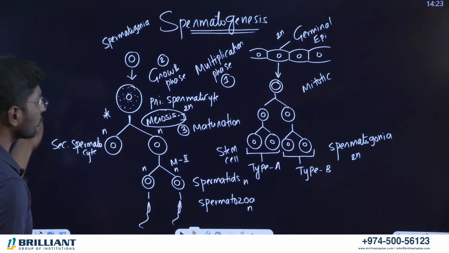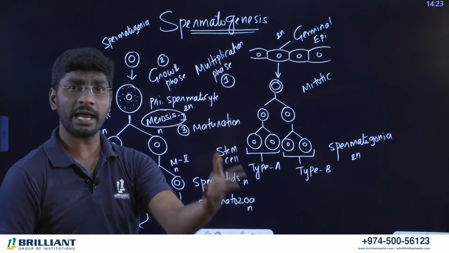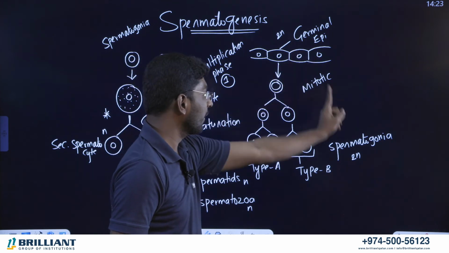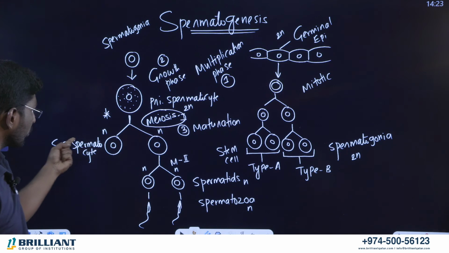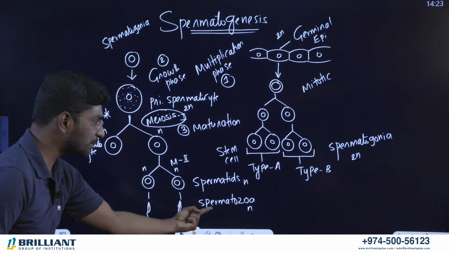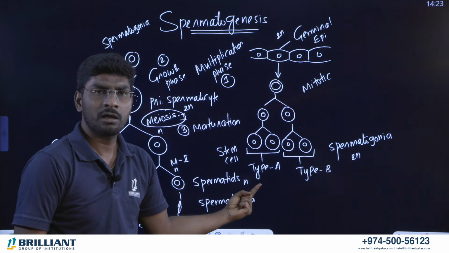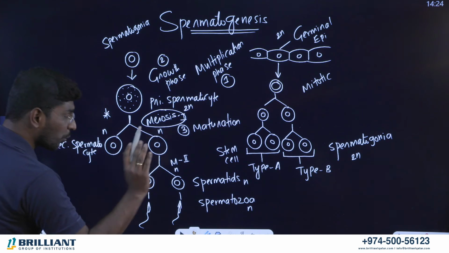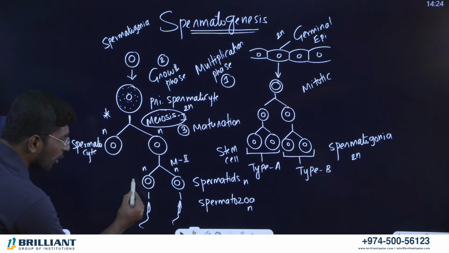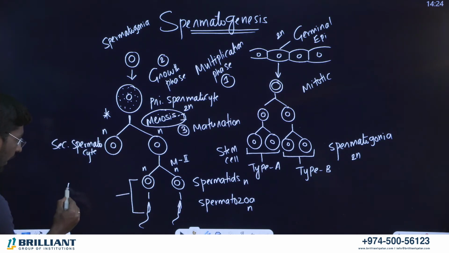So in this total concept, can you please identify how many are diploid and how many are haploid? Diploid, diploid, diploid. Secondary spermatocyte haploid, spermatid haploid, spermatozoa also haploid. No doubt. Clear? Now, look at what happened. Spermatozoa are formed. The question is, the transformation of spermatid to spermatozoa.